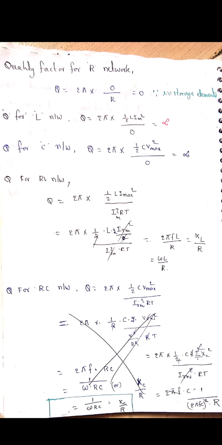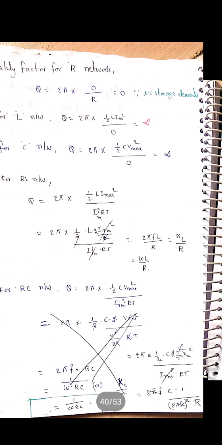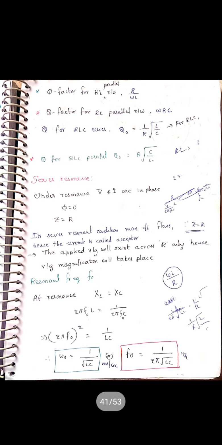So we write in terms of RMS value, I RMS square by 2 into XC square, divided by I RMS square into R into T. If you simplify all, you get 1 by T. 1 by T is nothing but F. So finally you get the expression for series RC network as 1 by omega RC. 1 by omega C is nothing but XC, so this expression we can also define in terms of X as XC by R. Next, quality factor for a parallel RL network.